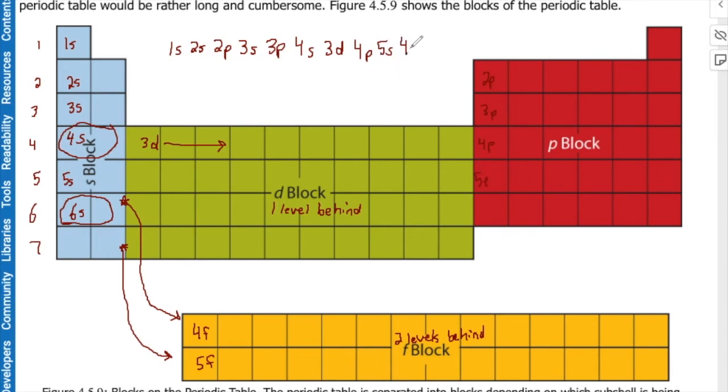And then we are one level behind 4d, and then 5p, then 6s, then 4f, 5d, and then 6p. So this is how far we have to go, remembering the order of the orbitals. And so you can use that rain on the roof method that I showed you, or you can use the periodic table itself to try to remember what order these go in.